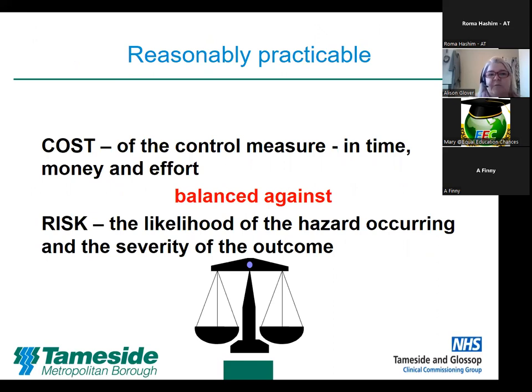All of that has to be balanced against how much you would reduce either the likelihood of that hazard causing some kind of incident and also the severity, how it could reduce the severity of any outcome of an incident in relation to that hazard. So you're not ever going to be expected to put in place anything that is disproportionately expensive or time consuming in terms of how it will reduce the risk.